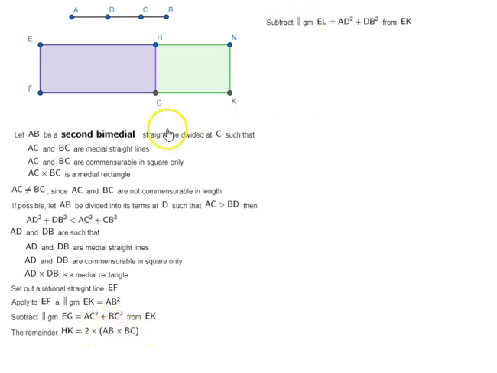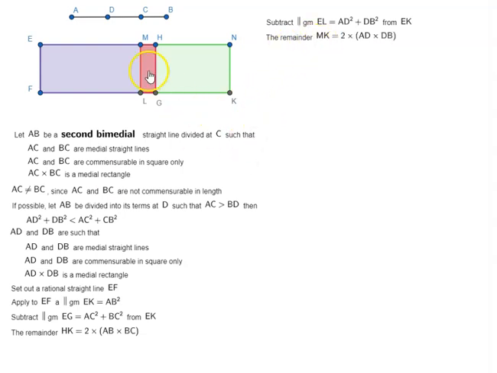Now subtract parallelogram EL equal to AD square plus DB square from EK. Just like we did for AC square plus BC square, similarly we do it here with respect to AD and DB. So let's bring in EL. So here EL is equal to AD square plus DB square.